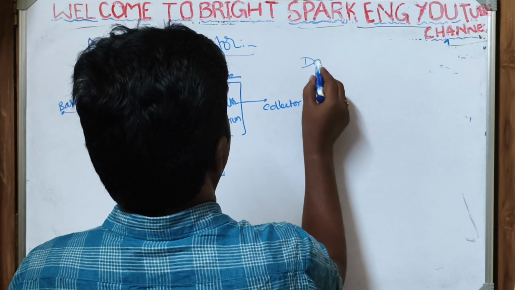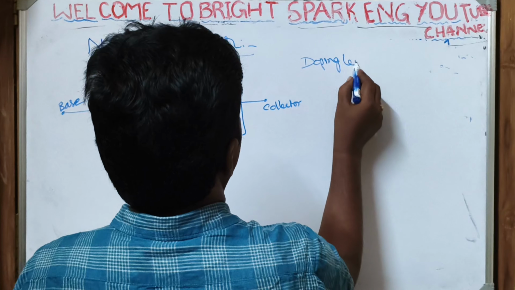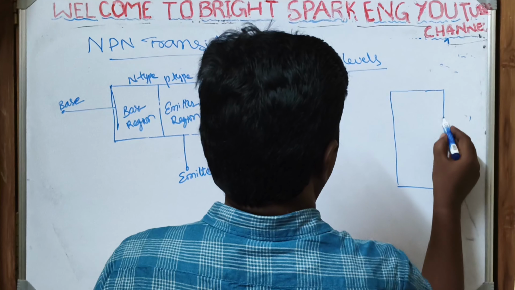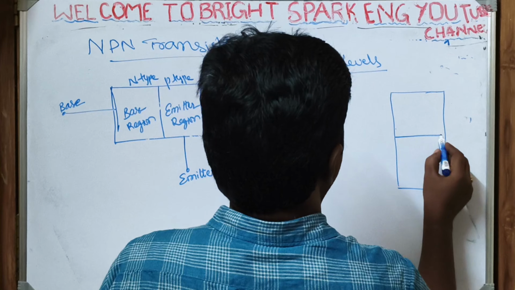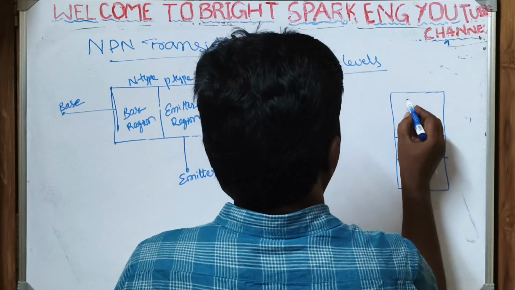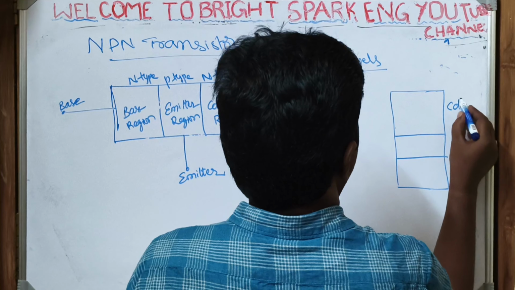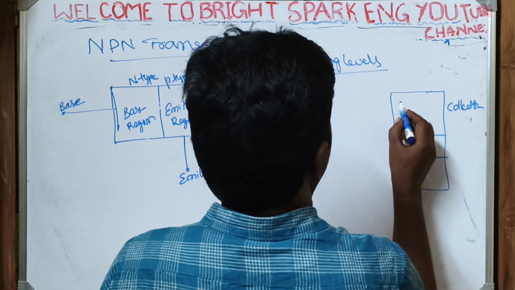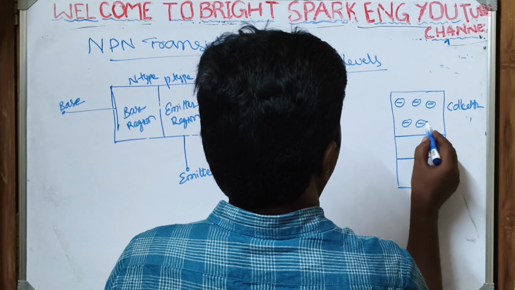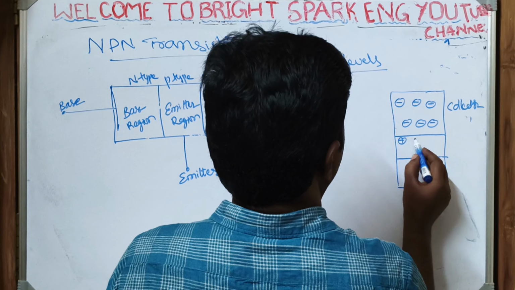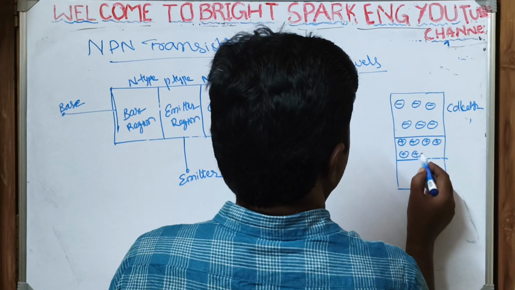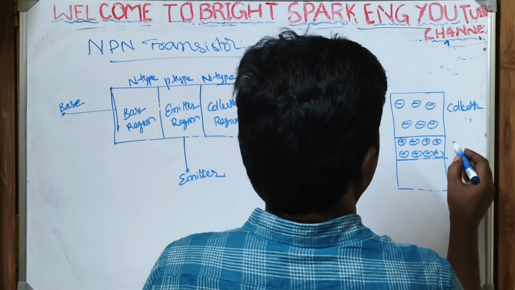Doping levels. This is collector. Collector has a high area compared to this is base.